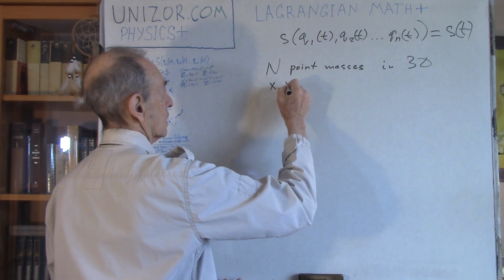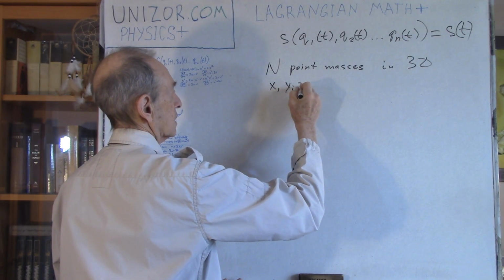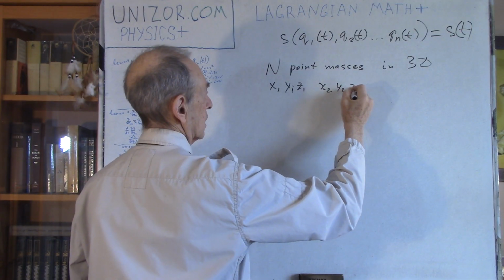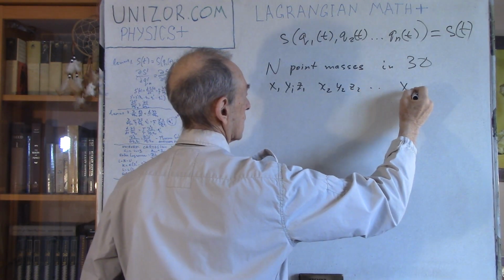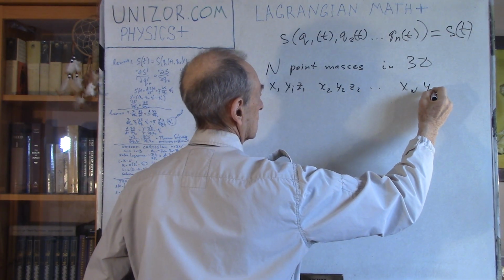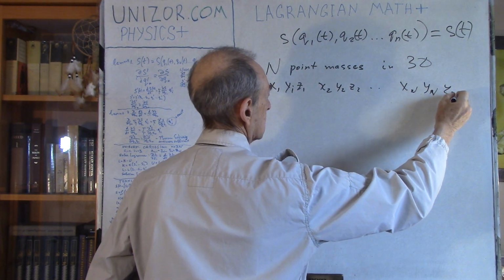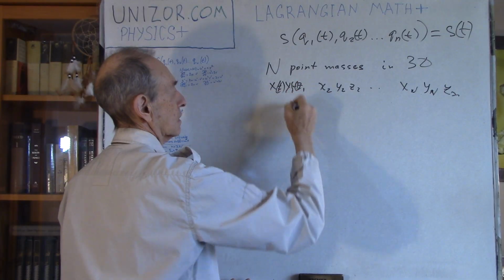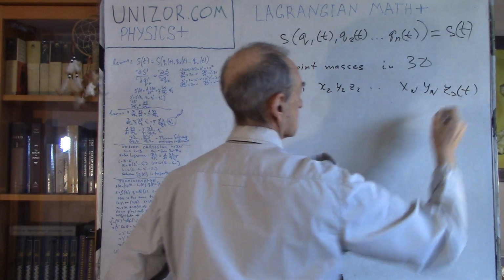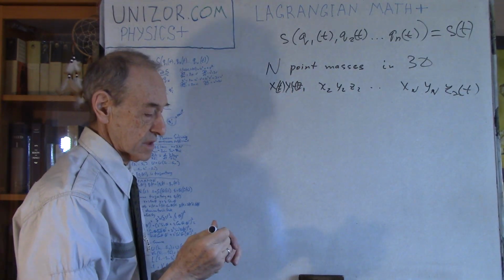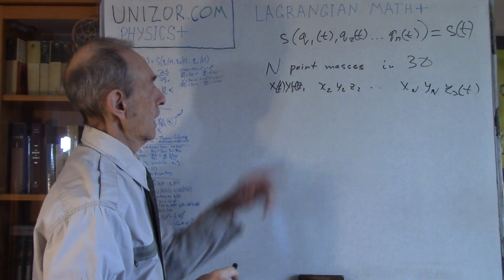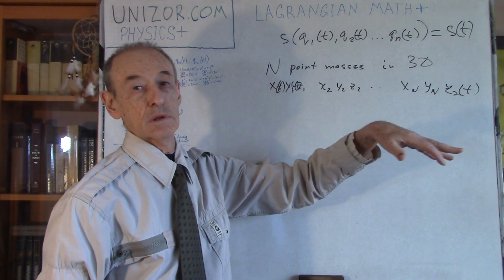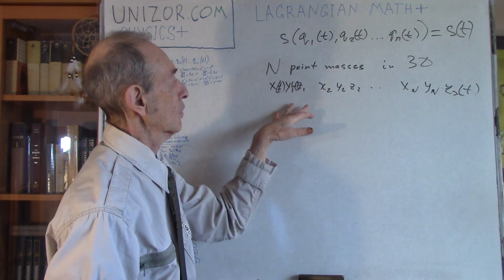So x1, y1, z1, x2, y2, z2, etc., xn, yn, zn. All of them are functions of time, of course. So that's how we describe the system of n point masses in three-dimensional space. Each one has three coordinates.